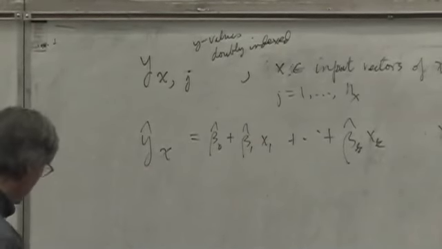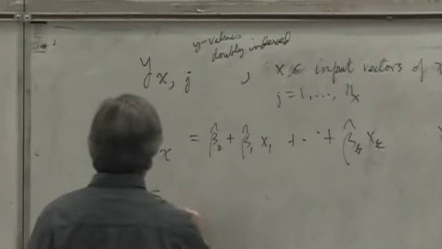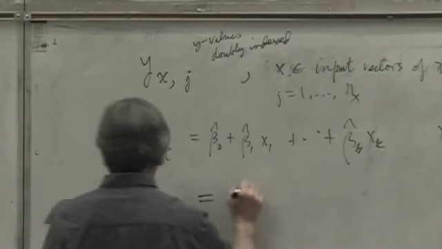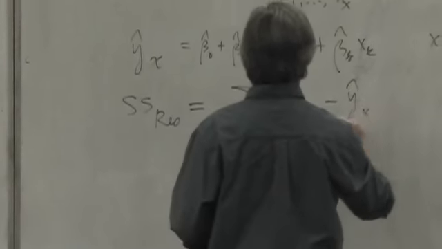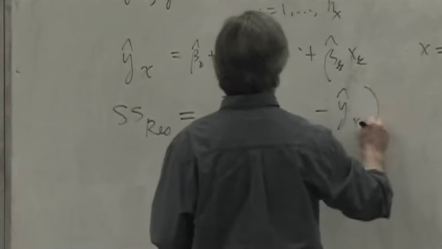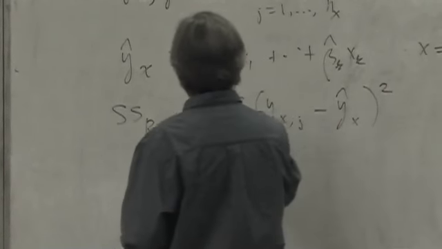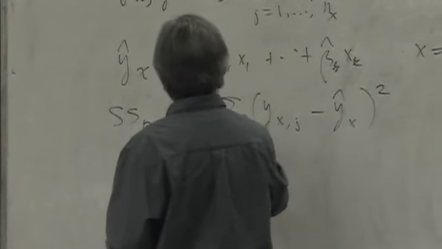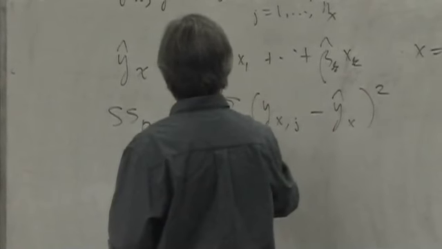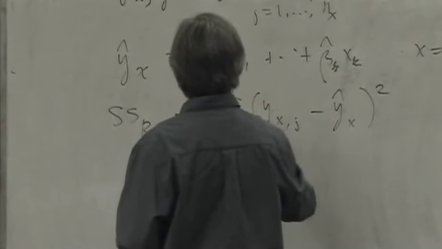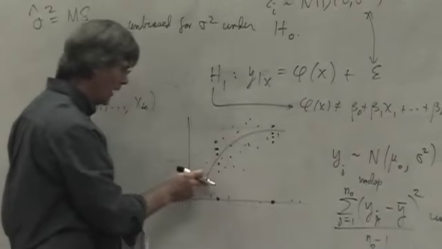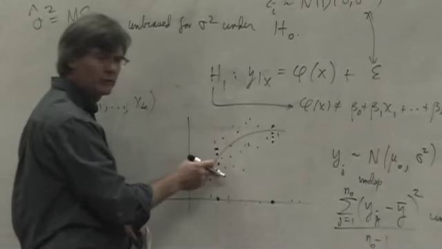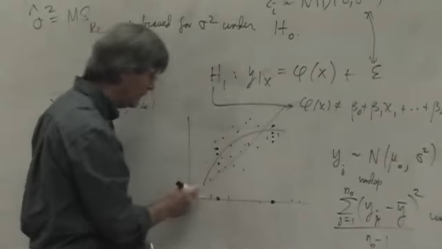And then SSRes is simply defined to be equal to the summation of (y sub xj minus y hat sub x) squared. That's a double summation now, as for each x in the inputs, j goes from 1 to n sub x. So for each x value along the horizontal axis, I'm going to sum the squared errors from the straight line fit.